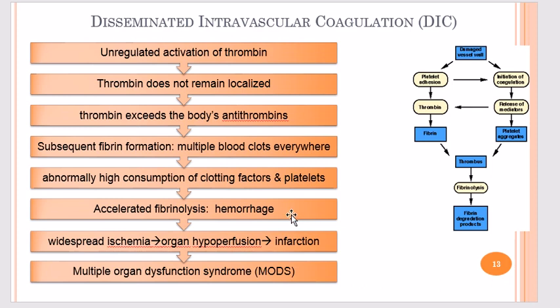And what we end up left with is widespread ischemia, which can lead to organ hypoperfusion, and then in serious cases can end up leading to infarction. And of course, not getting oxygen and blood supply to the tissue can then lead to multiple organ dysfunction syndrome, or MODS, and that can then subsequently lead to death.